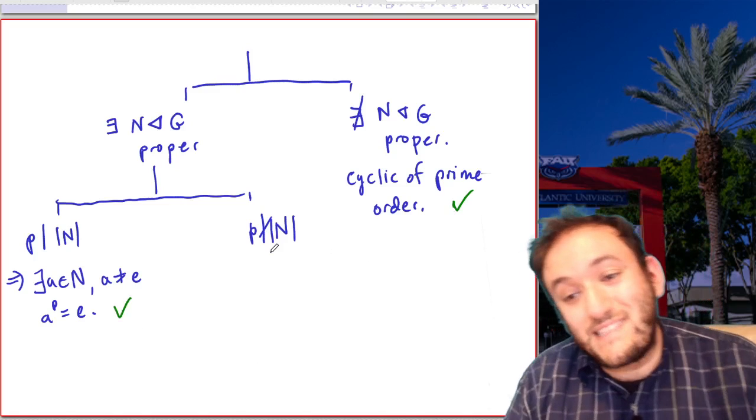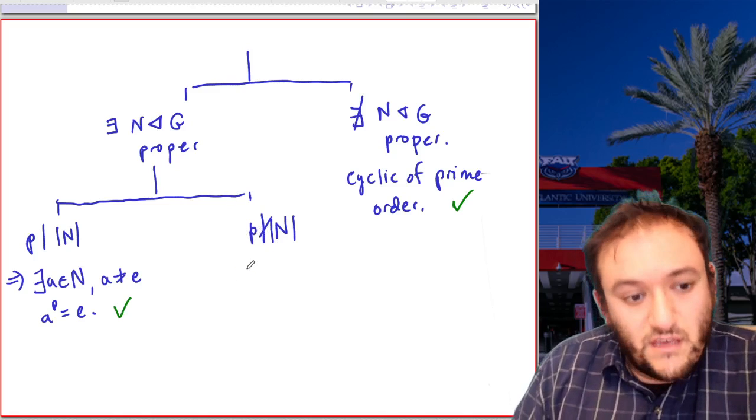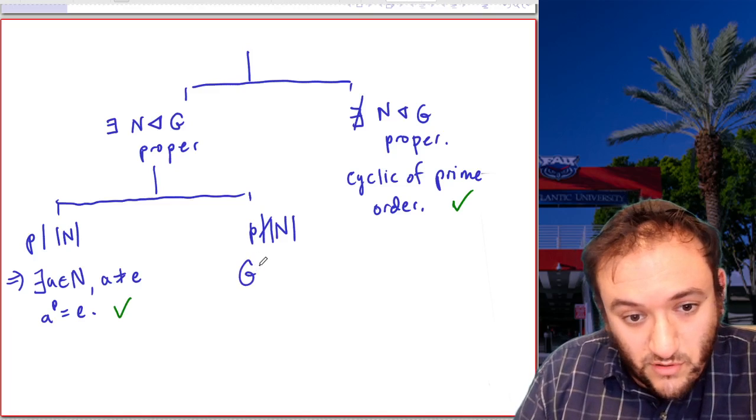Okay, if P does not divide the order of N, this is the trickier case. Then we have to pass to the quotient group, or the factor group.